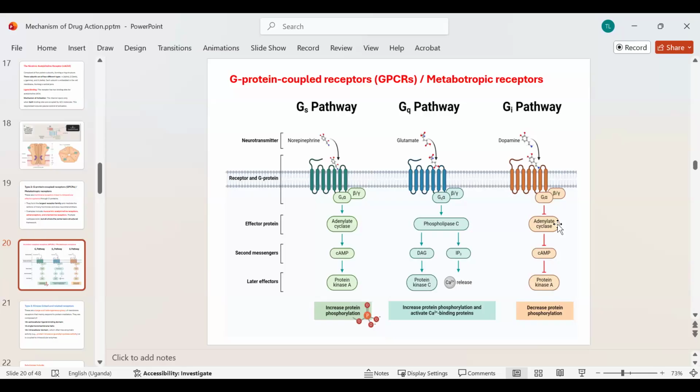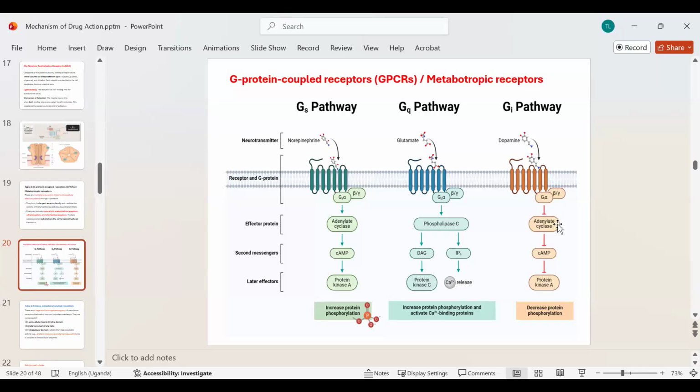I'll give an example of the previous receptors we've been talking about, the ionotropic ion channels. For them, they don't have these secondary messengers. There are not so many steps you go through to reach the final response, the effect you are looking for.